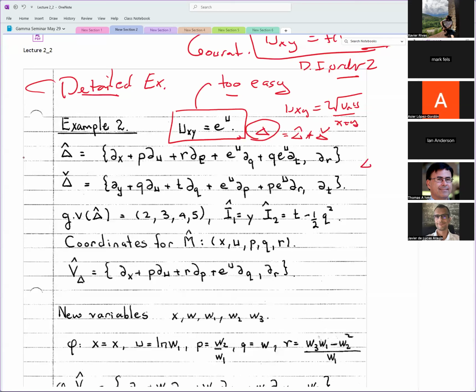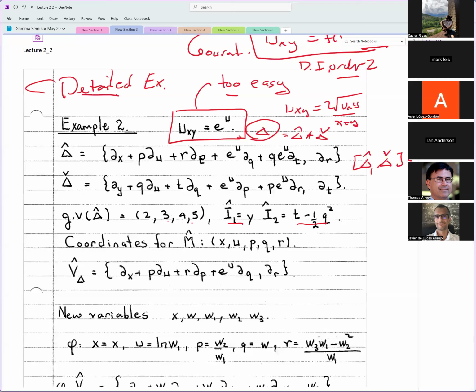You can check that this bracket satisfies the condition of a hyperbolic system. And last time we looked at delta hat and we calculated the growth vector. It's 2, 3, 4, 5. And here are the two intermediate integrals.